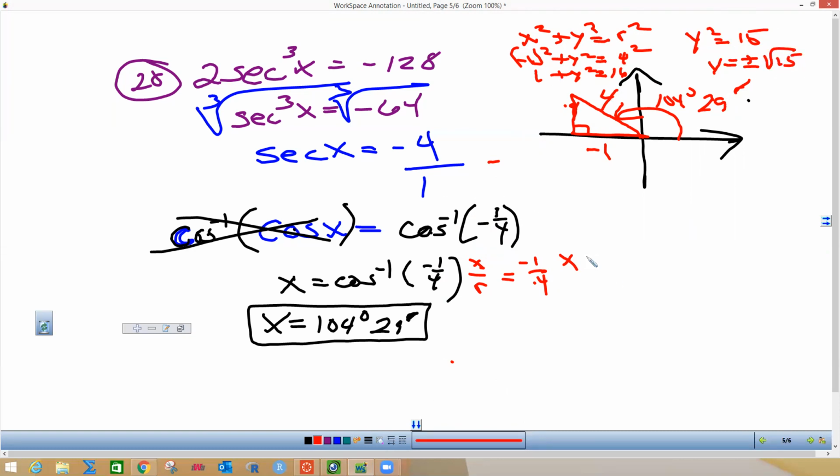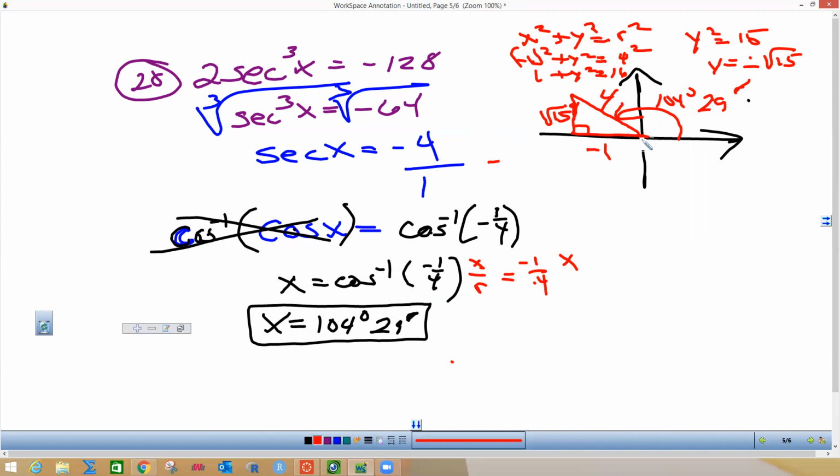I did Pythagorean quickly because hopefully you know that well. So this side over here would be radical 15. Is y positive or negative in the second quadrant? That's the positive one. So the one that's left is the negative radical 15.